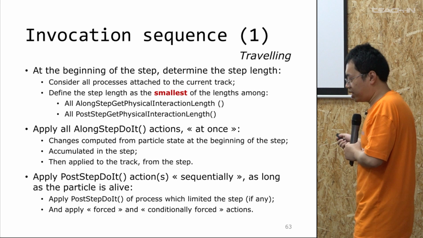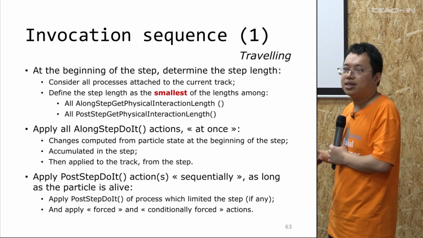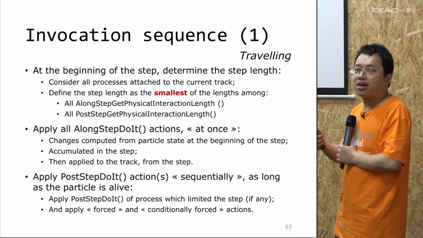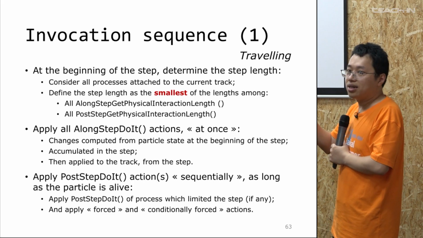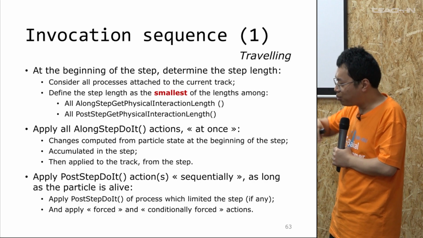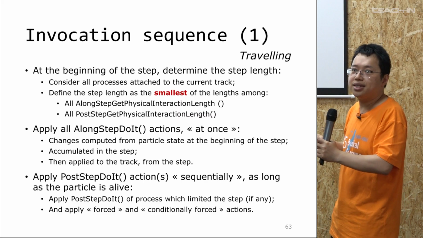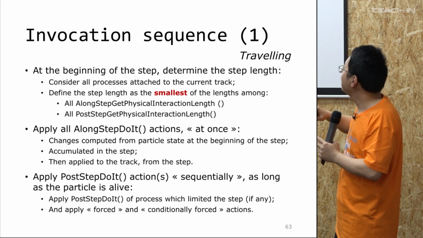What Geant4 does is invoke all these related processes, and these processes give Geant4 the length of their propagation. So for different processes, it will give different lengths.